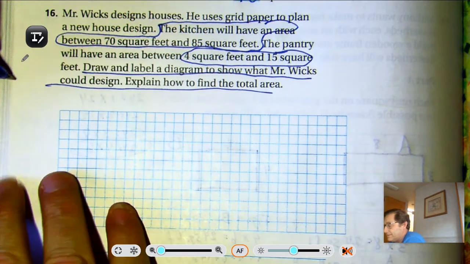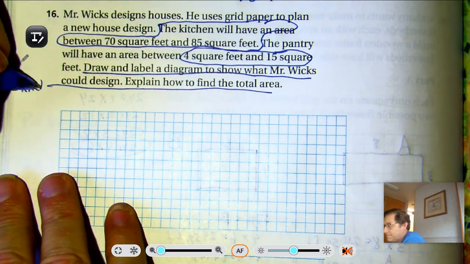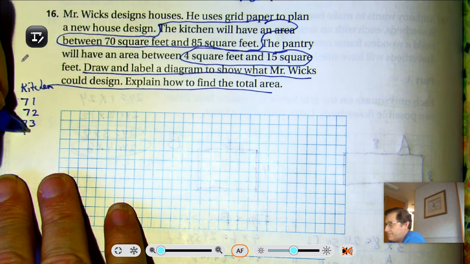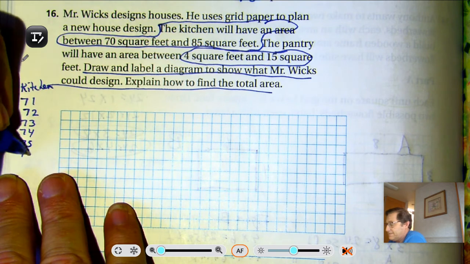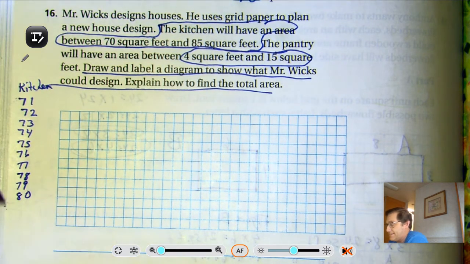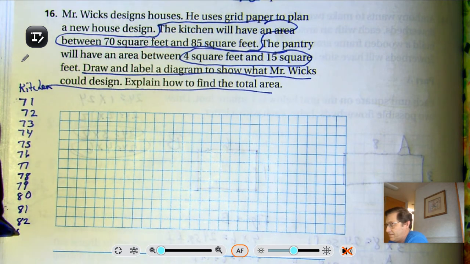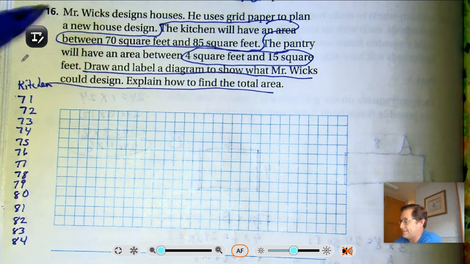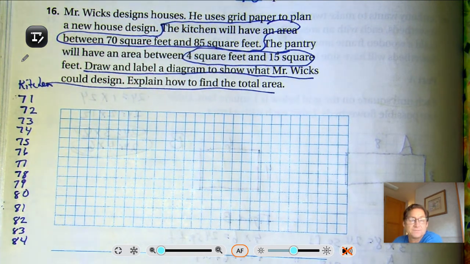So let's see. The kitchen can be 71, 72, 73, 74, 75, 76, 77, 78, 79, 80, 81, 82, 83, 84, because it's between 70 and 85.